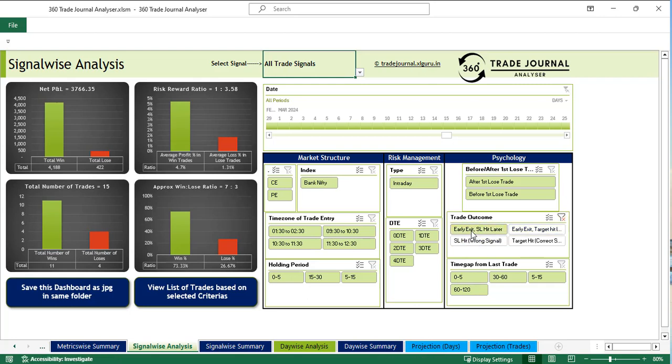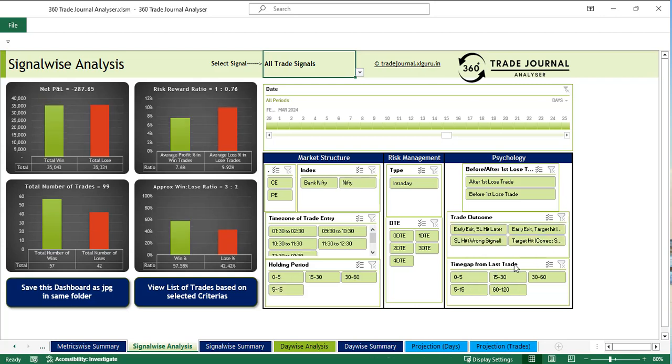Compared to that, SL hit later trade may be lower, so this is the way you can have this kind of analysis here. And even time gap from last trade, like how long you have waited. Like if you have taken quick trades, it might have less win ratio. In my case it's not the case, but based on your data you can have that analysis.